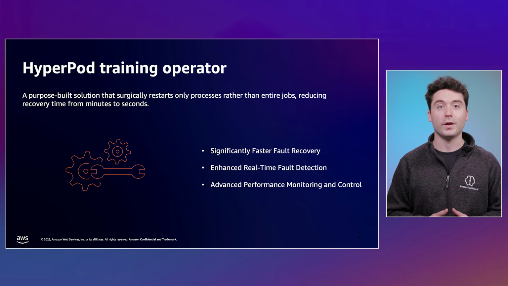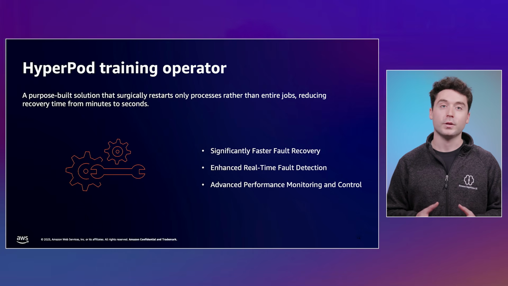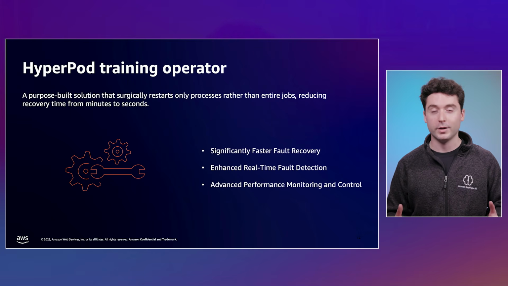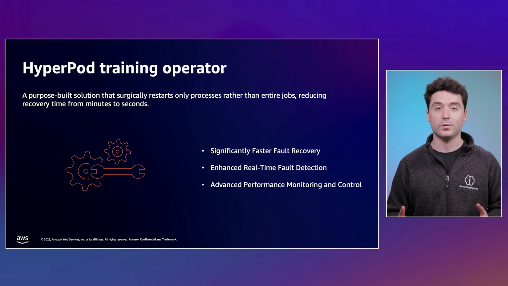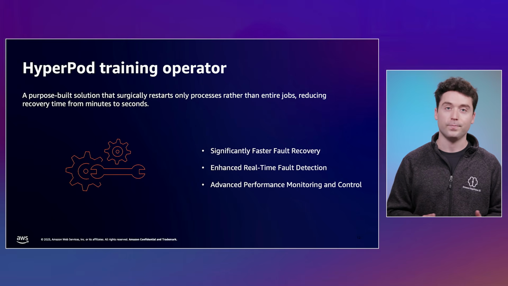Finally, it has advanced performance monitoring and control, where the HyperPod training operator continuously monitors metrics like stalled training batches, non-numerical loss values, missed checkpoints, and throughput degradation, and allows customers to specify precise remediation behaviors through simple YAML configuration without code changes. The operator is already installed on this cluster, but in a real setup, you'd install it through the SageMaker console or during cluster creation.